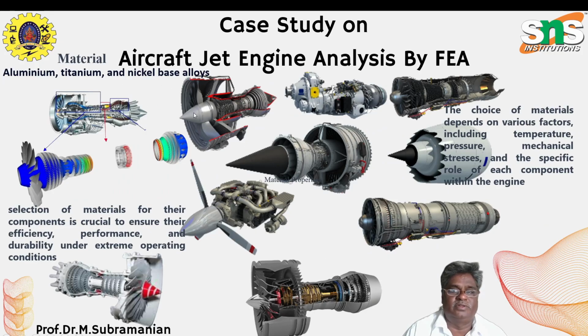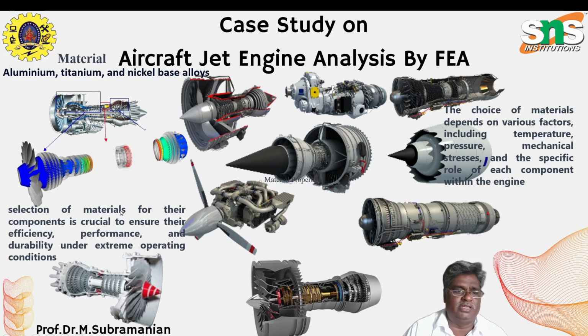The next step, we have to identify the selection choice of the material. Then we have to specify the material properties. Normally aircraft jet engine components use aluminum, titanium, and nickel based alloys.